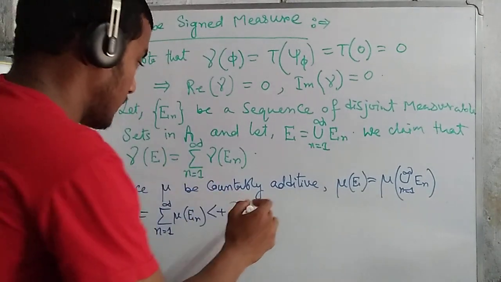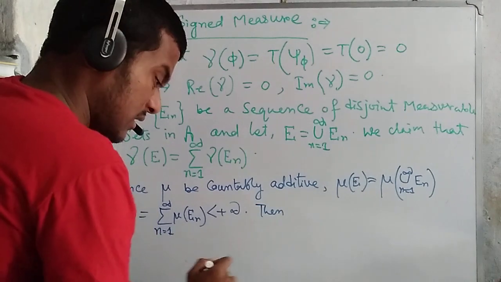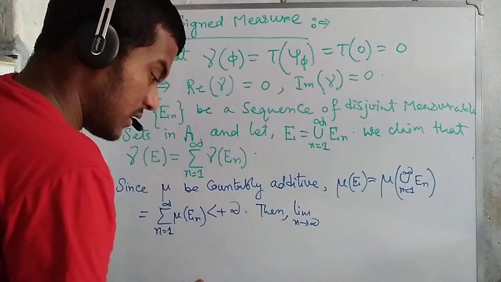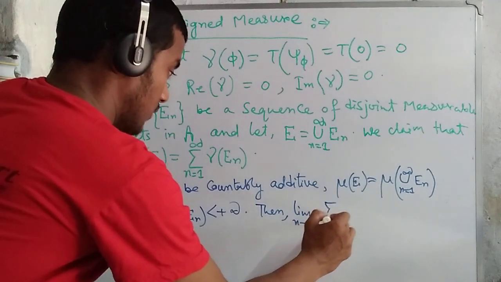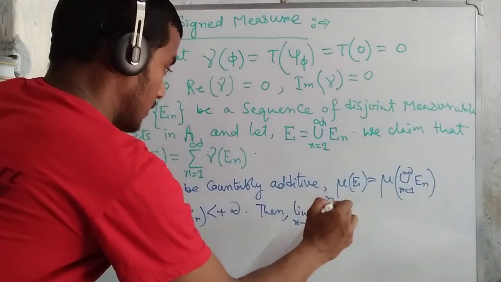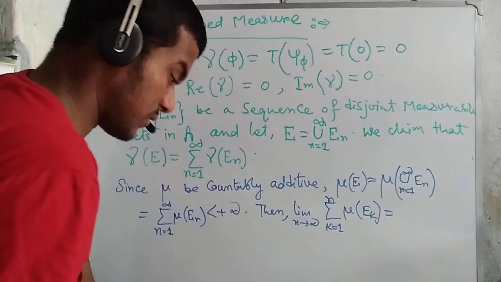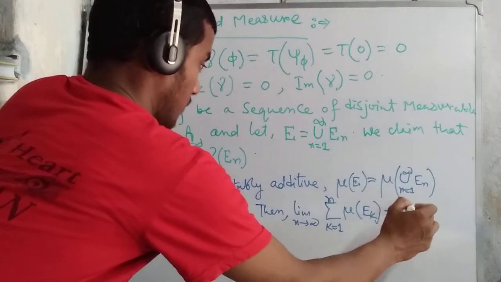Okay, then what happened? Then limit n tending to infinity of summation k = 1 to n mu(Ek) = mu(E).